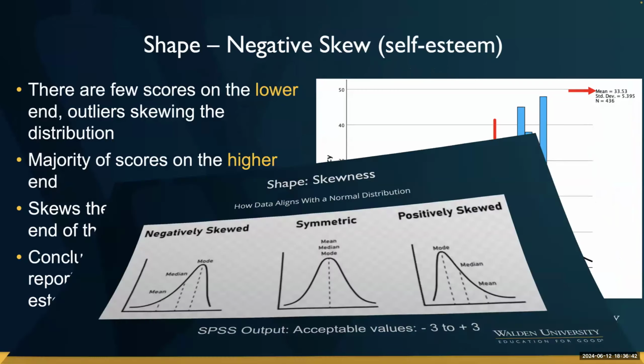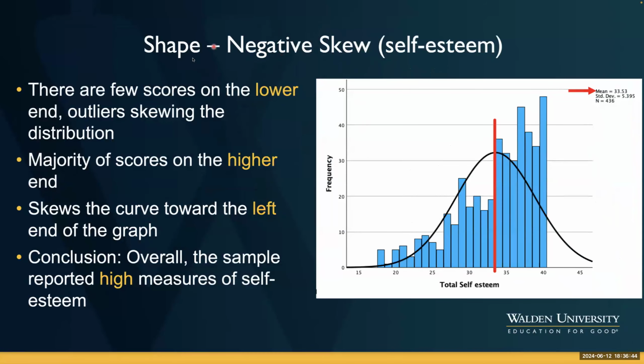Now, let's take a look at this negative skew where we measured self-esteem. If this red line here is the average score, and the average score was 33.5, and the standard deviation was 5 points, we see that this is frequency here, meaning how many.